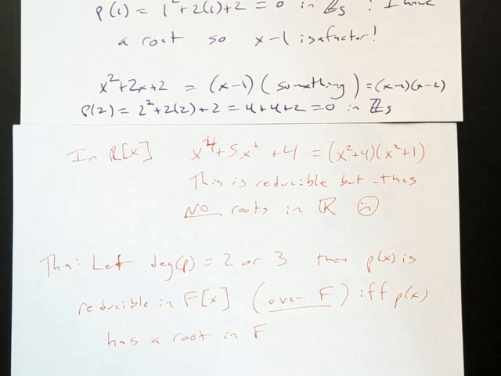A lot of people go, well, now I have a problem, because even in my favorite set of numbers, the real numbers, I can give you a reducible polynomial that doesn't have any roots. Fine.